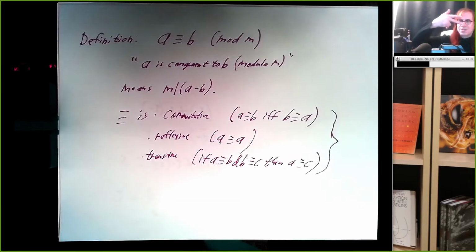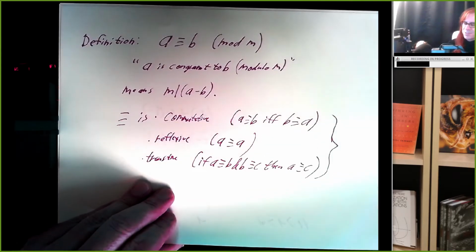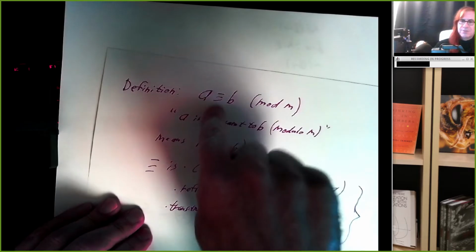And so a plain old double equal sign is an example of an equivalence relation. And this congruence satisfies those same properties. And not surprisingly, a lot of what we're used to doing with equal signs will work just as well for this congruence operation. And this is where all sorts of good stuff is going to come from.